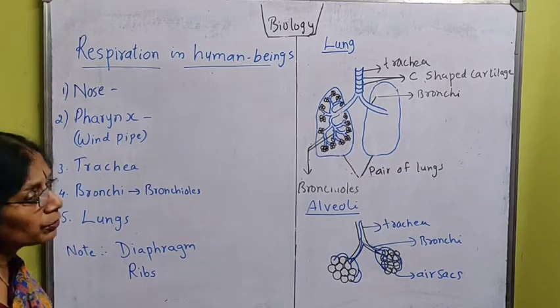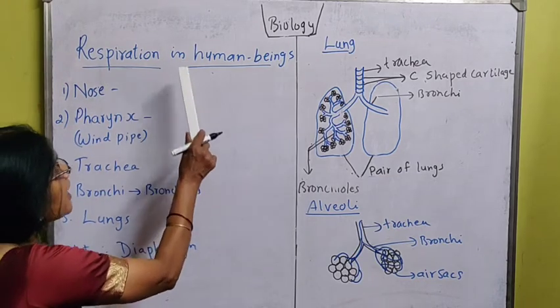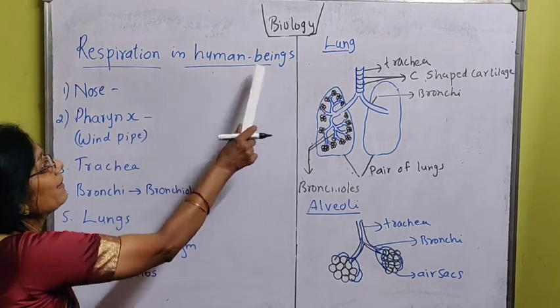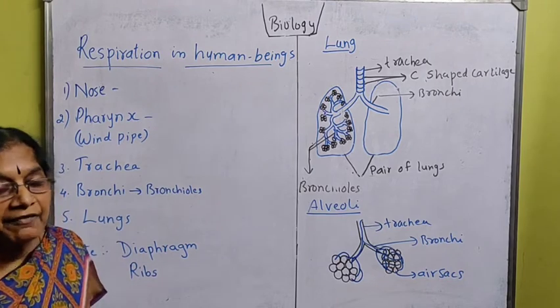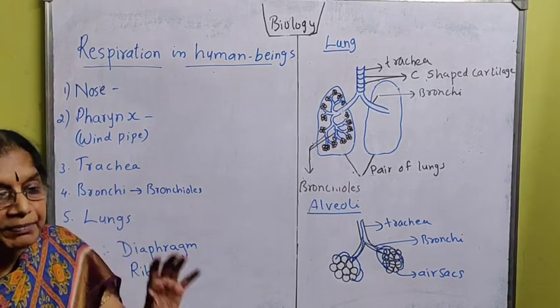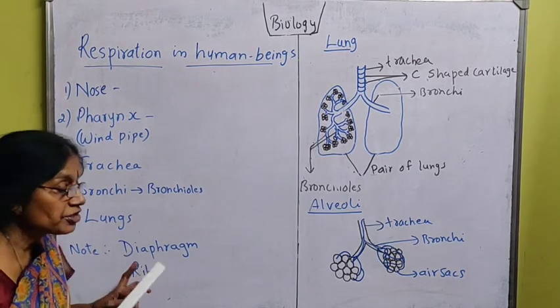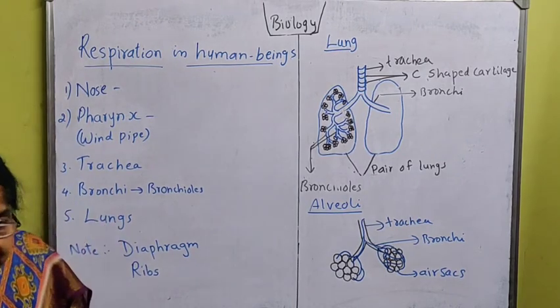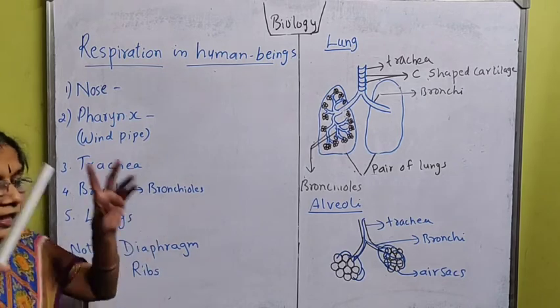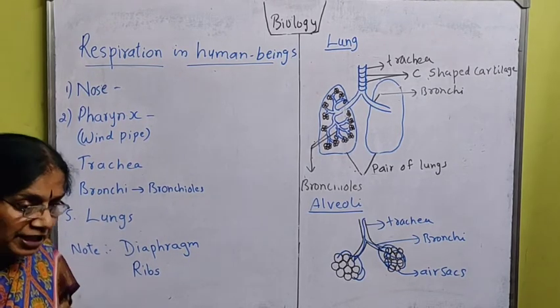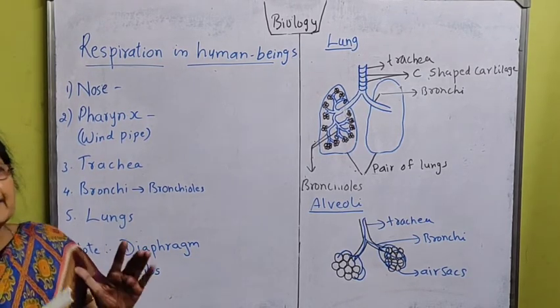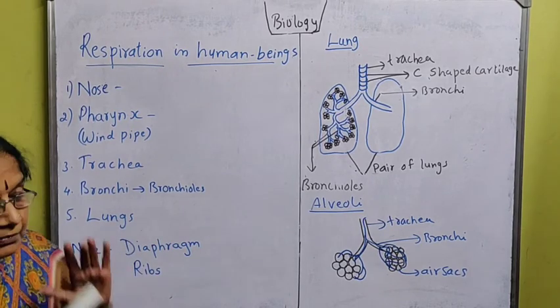Now let us see how respiration takes place in human beings. We have a special respiratory system, just as for nutrition we had a digestive system. Similarly, in human beings, for respiration we have the respiratory system.